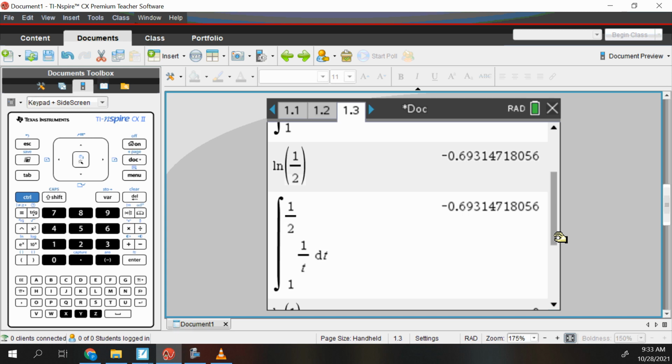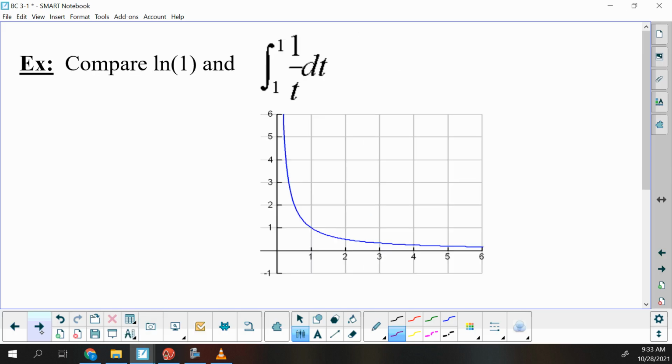So that's why we're getting that negative there. But notice those checked out the same. And then if we go to the next one, integral from 1 to 1, well, we shouldn't even have to put that one in the calculator. Any integral where the bounds are the same, that's 0, and we've seen that natural log of 1 is 0. So it seems by checking a few of them that it does appear to be true.